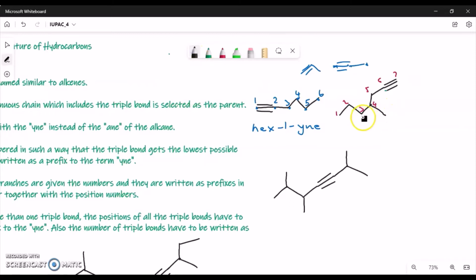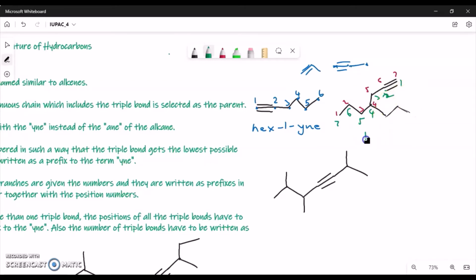So 1, 2, 3, 4, 5, 6, 7. This is the correct chain, which is the longest continuous chain which contains the triple bond. Now there are two ways of numbering it. You can number it this way, or this way. The green numbering is better because that gives a smaller number to the triple bond.